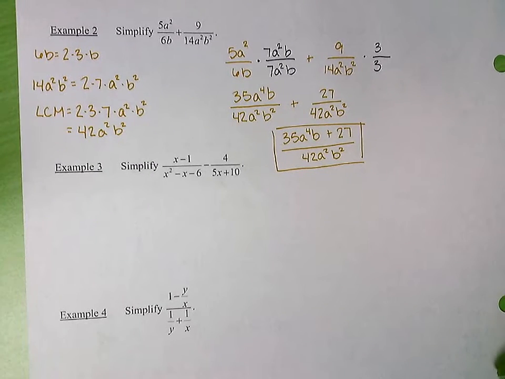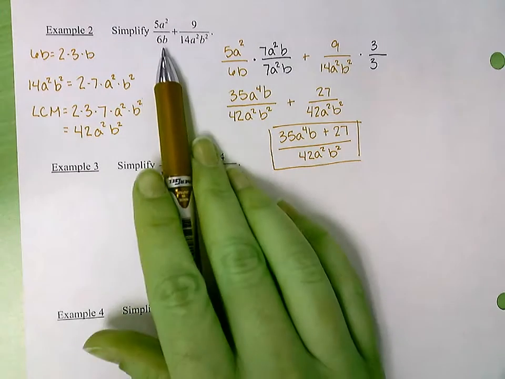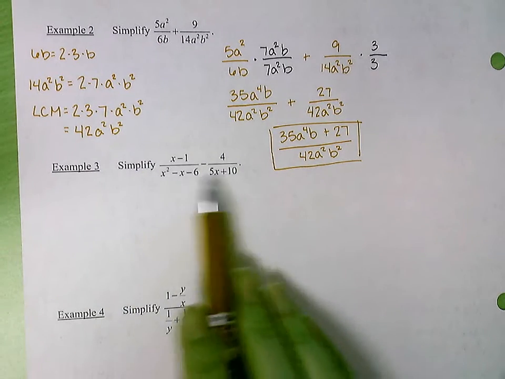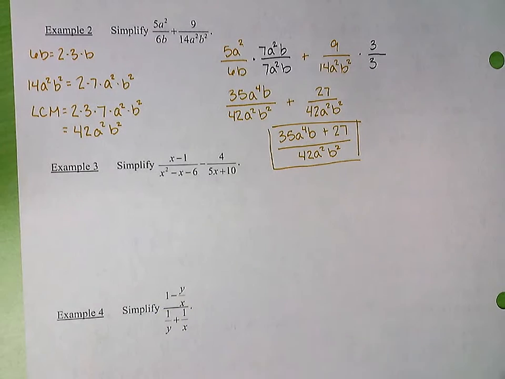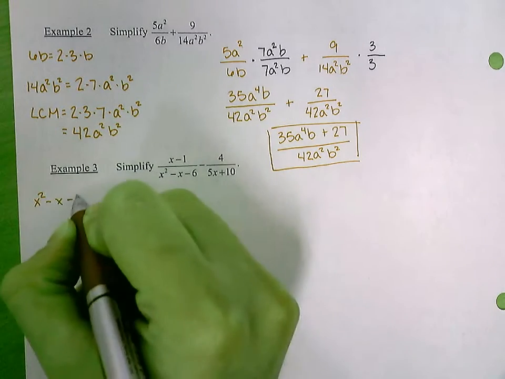Okay, so we're going to do the same process in example 3, except this time it has polynomials. Okay, so just like up here, we're going to find the least common multiple between our two denominators so we can get a common denominator. So our first one here is x squared minus x minus 6.